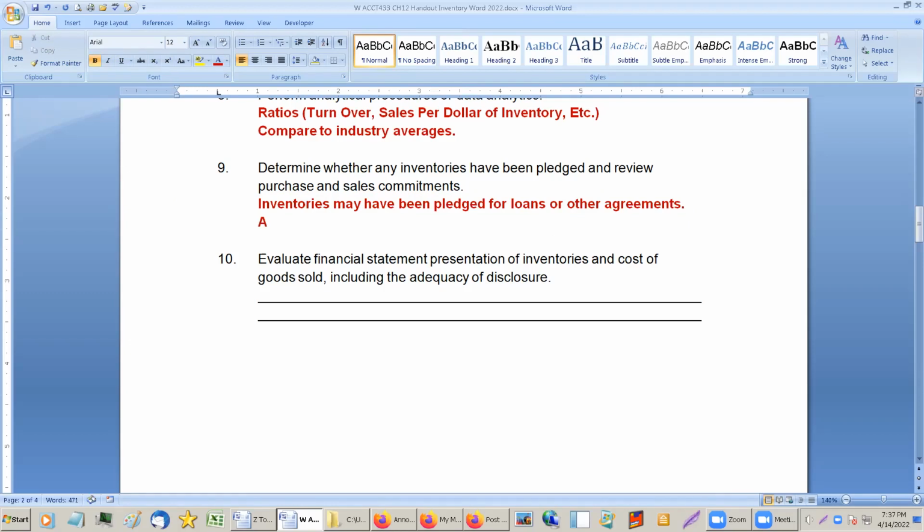Let's do the assertion of rights. It's possible you count the inventory, you do the pricing on it, you price out the inventory. However, that inventory may be pledged for, say, a loan or something along those lines, and it's actually not available for sale.